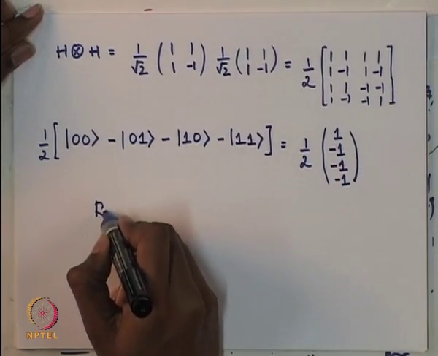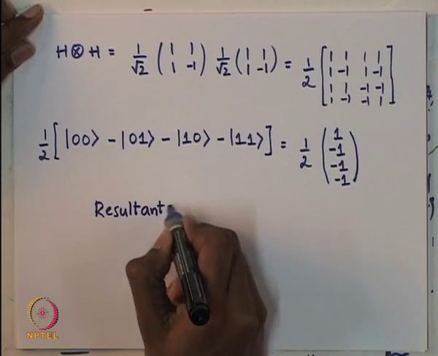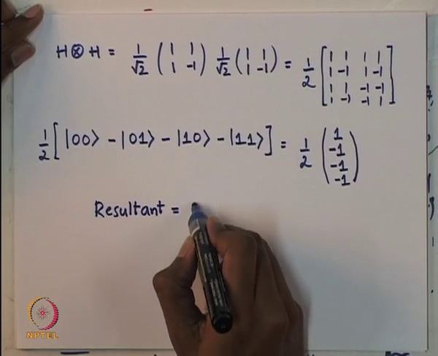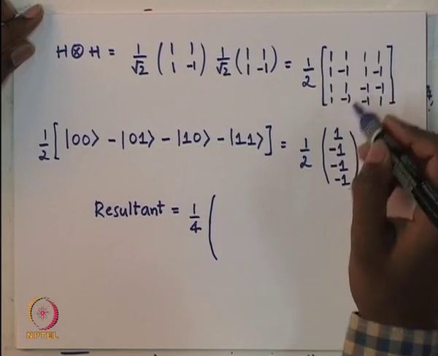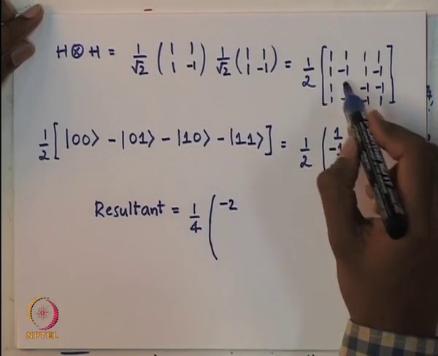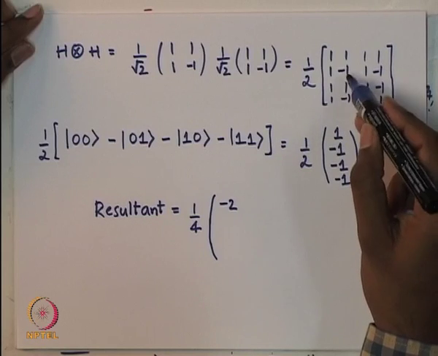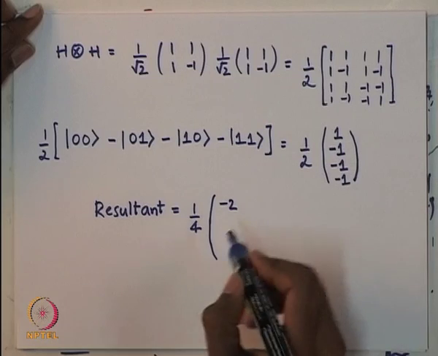So the resultant state is: this row multiplied with this column would give us -2. This row multiplied with this column gives us 1 plus 1 minus 1 plus 1, 3 minus 1, 2.